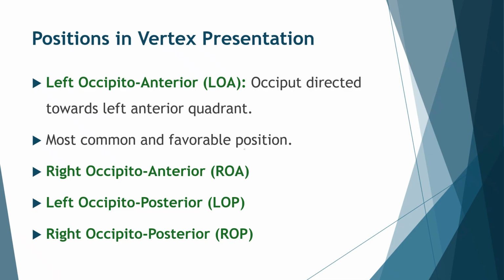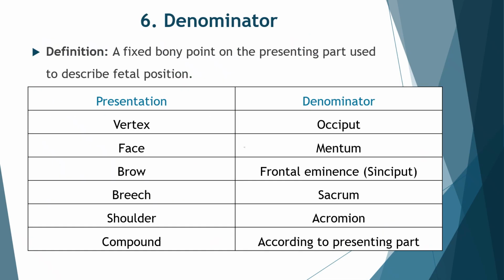The other positions are ROA, right occipito-anterior, LOP, left occipito-posterior, and ROP, right occipito-posterior. So, dear students, simply remember, LOA is the most common and best position, while ROA, LOP, and ROP are the other possible vertex positions.